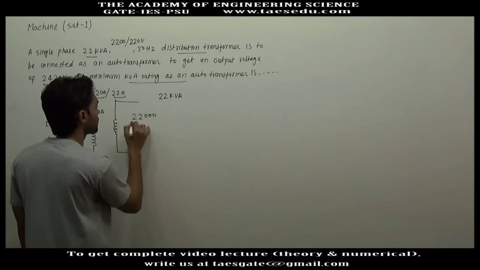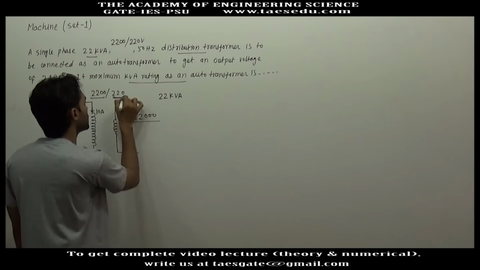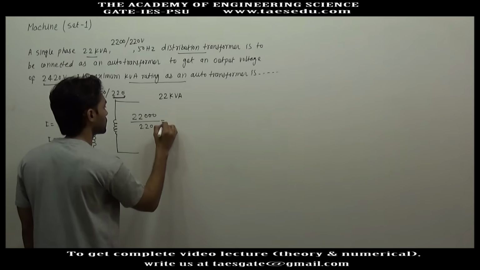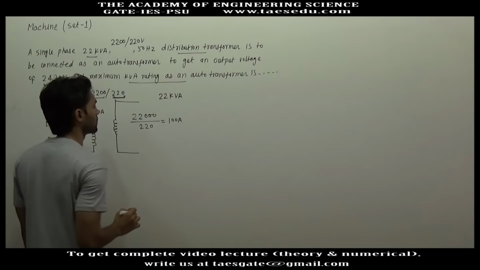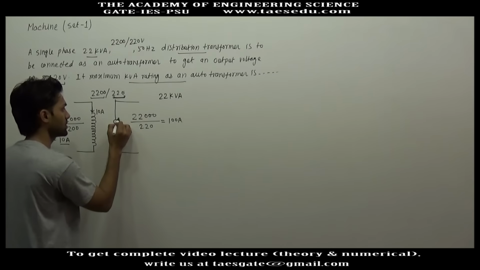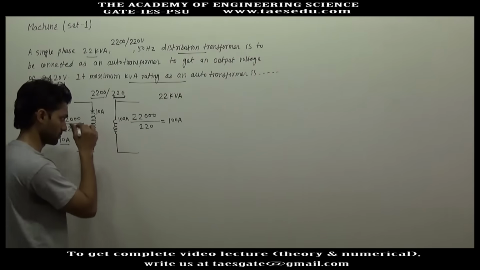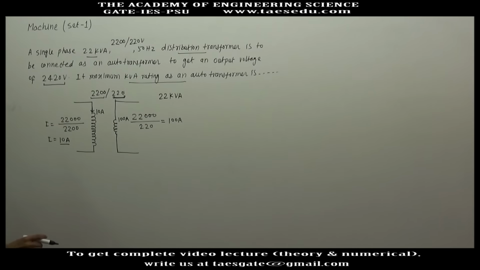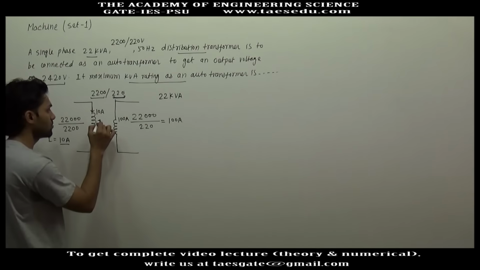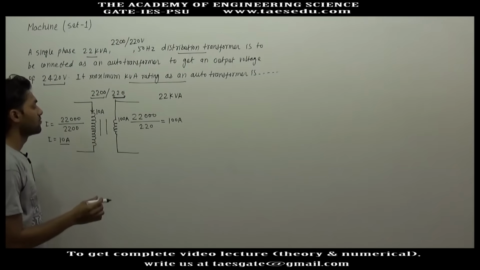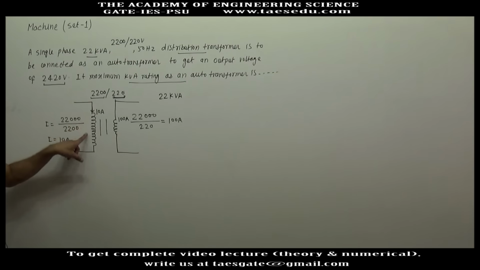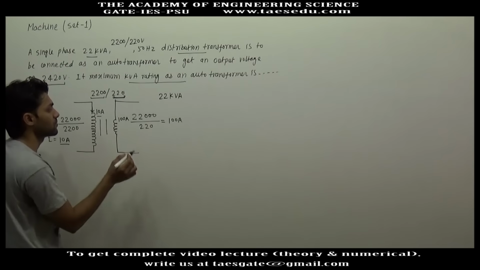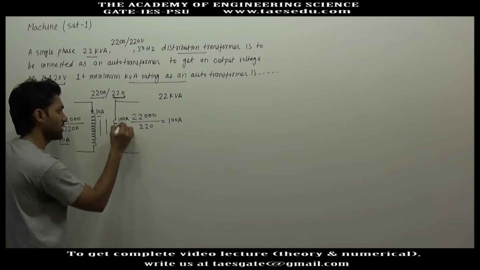Same kVA divided by voltage, 220 volt. This is 100 ampere. So current rating of this winding is 100 ampere. And from the turn ratio it is also obvious that when the high voltage winding carries 10 ampere, at the same time the low voltage winding will carry 100 ampere.